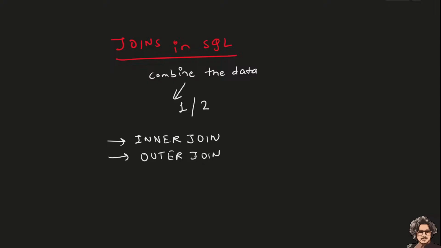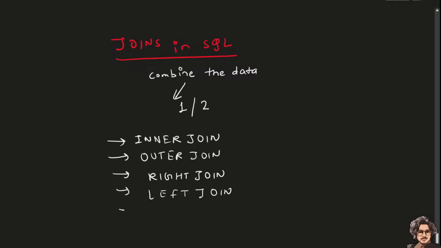And then the next is right join, left join, then self join, and cross join. So these are the different types of join available in SQL. Let's see one by one what the use cases of all of these are.